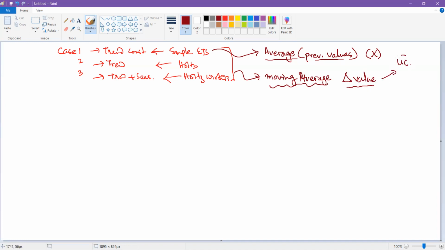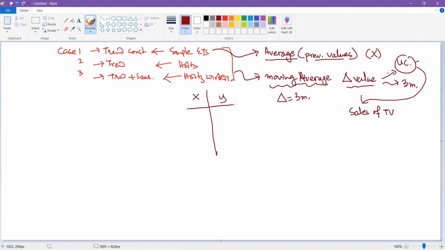Let's say I have a use case, and my delta value for that use case is 3 months. Let's say my use case is to predict the sales of TV. In the moving average method, because my delta is equal to 3 months, I have prepared my data according to the scale of this delta.